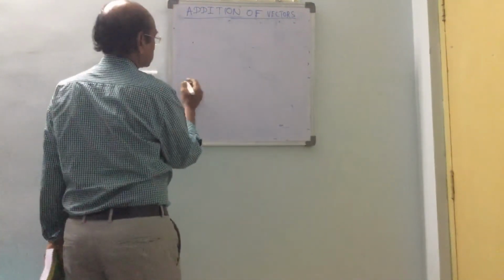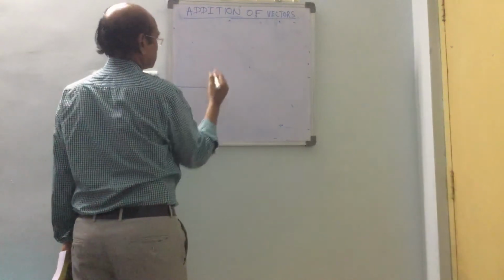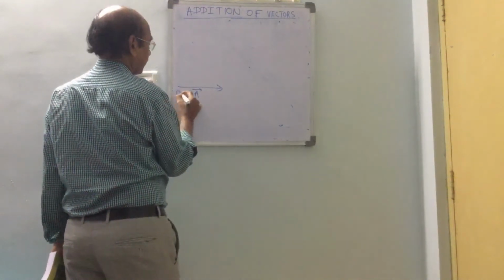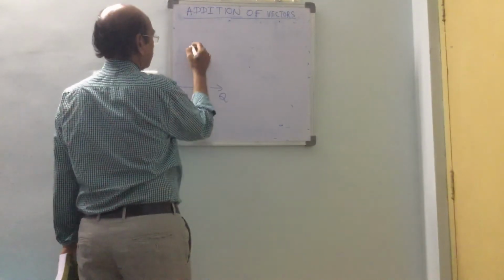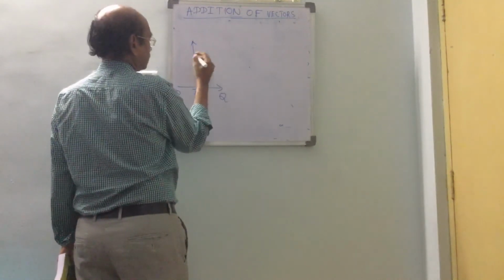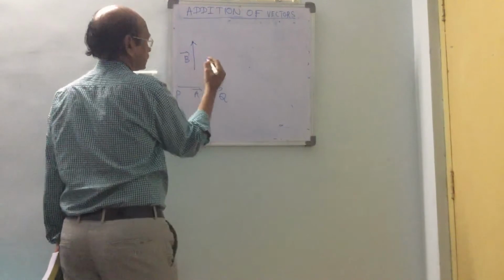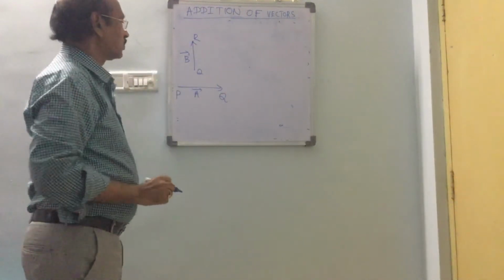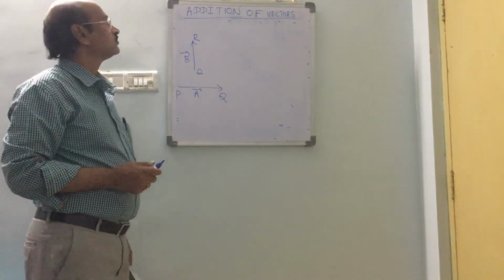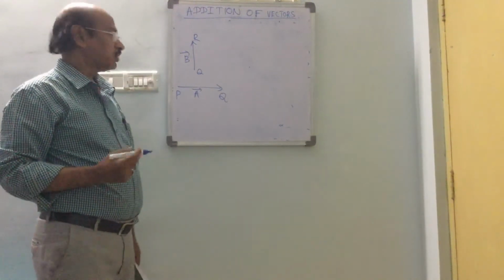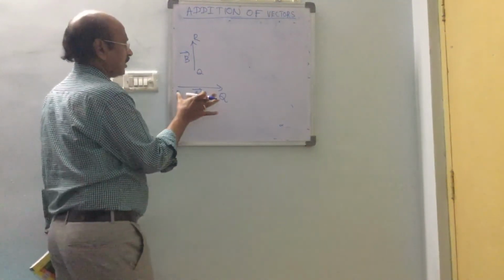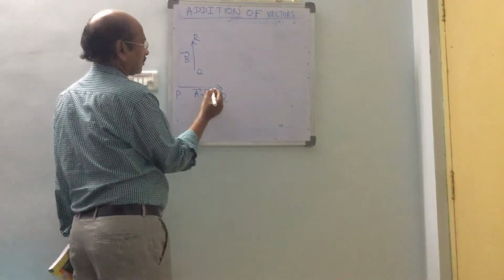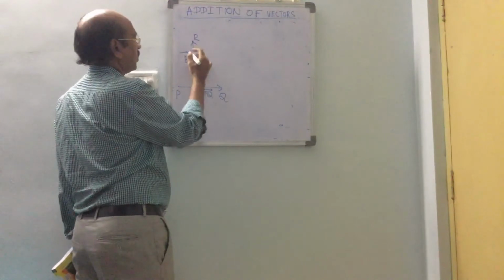Consider two vectors A bar and another vector B bar. Now we want to add these two vectors, that is, to add vector PQ bar to the vector QR bar.